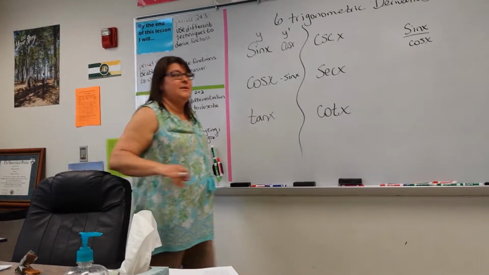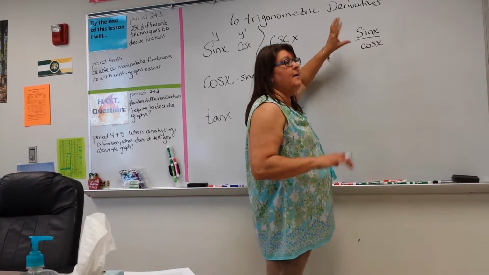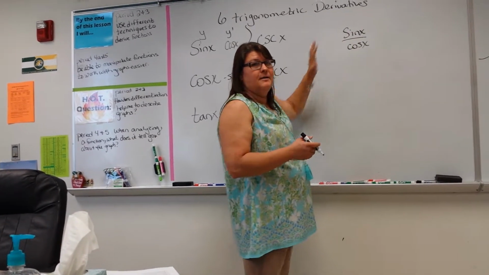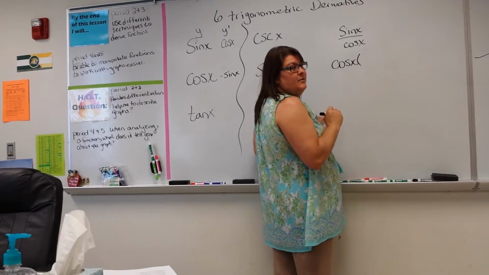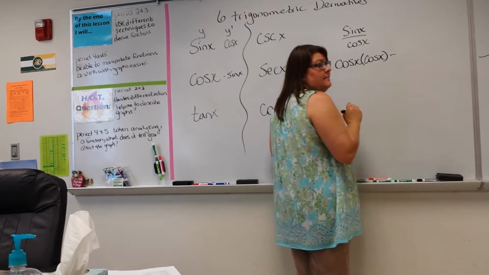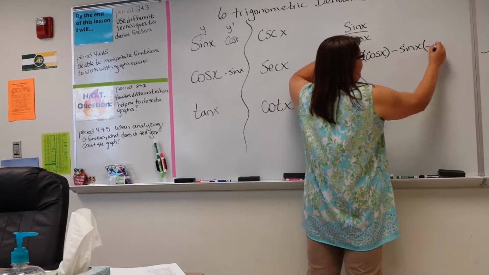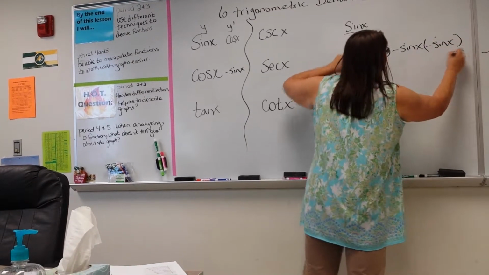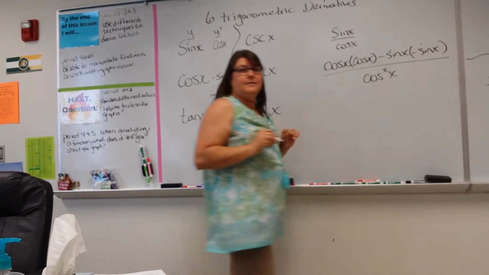So for the quotient rule, we go low d high minus high d low over low low, right? So what is it going to be? Low d high, derivative of sine, cosine. Minus high, sine, d low, negative sine, all over low low.